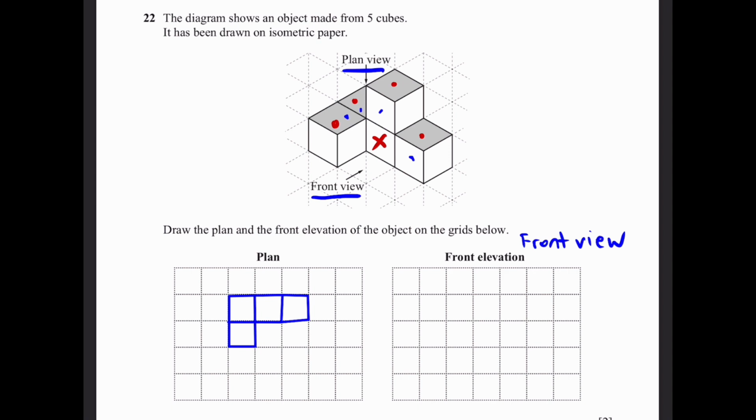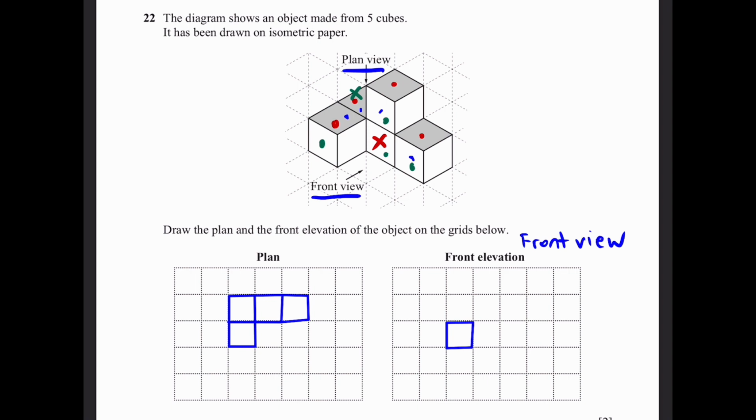Now let's draw the front view. So when we're looking from the front, we can see this cube, this one, and this one. This cube is completely hidden, so let's draw that as well. So let's draw the first left cube. It'll be like this.